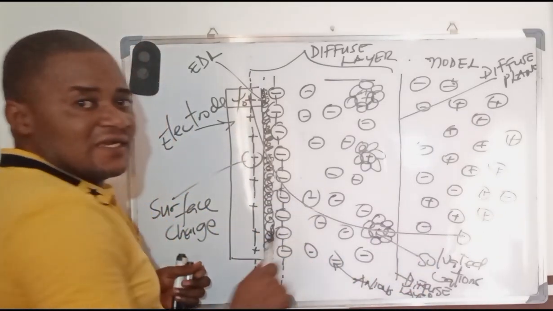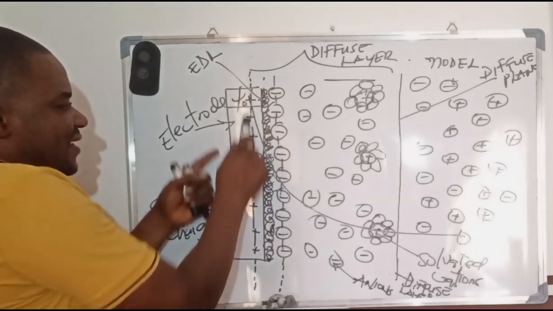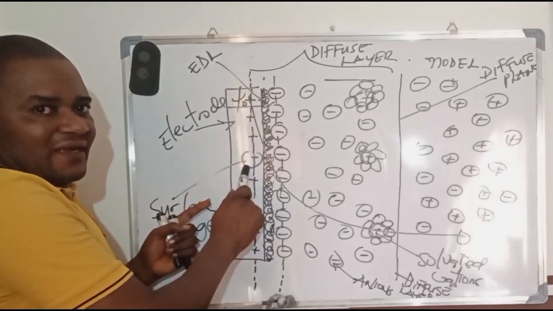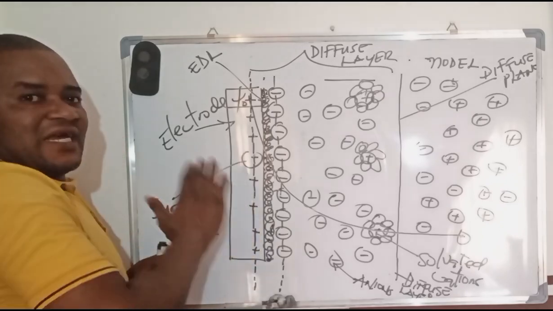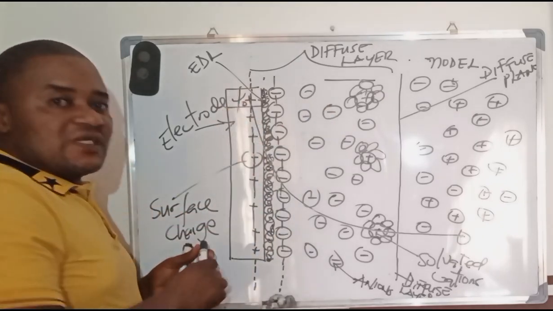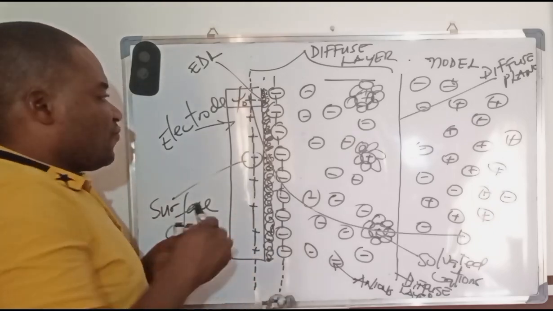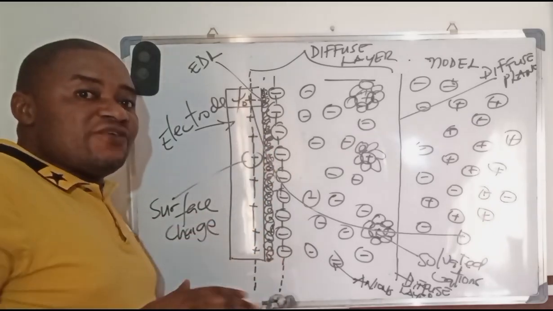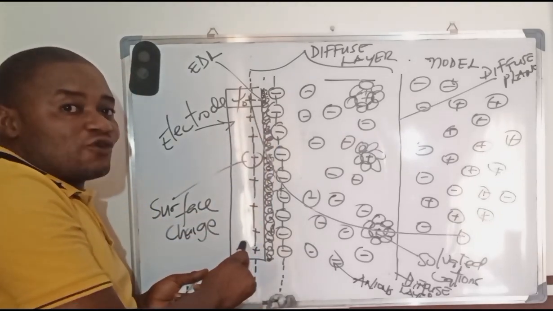It means that at the electrode where we have point charges, we have a balanced surface. According to Gouy-Chapman, the electrode has a balanced surface where the point charges are spread uniformly on the electrode surface.